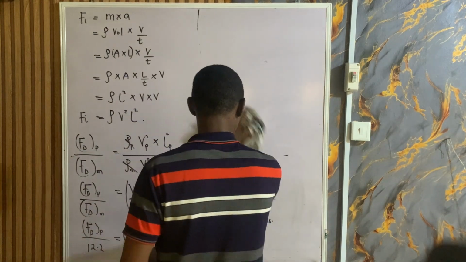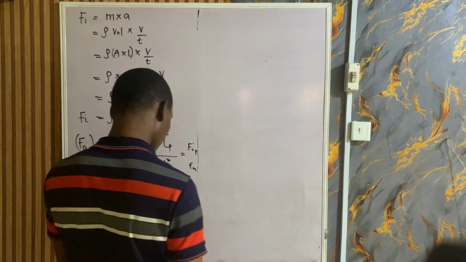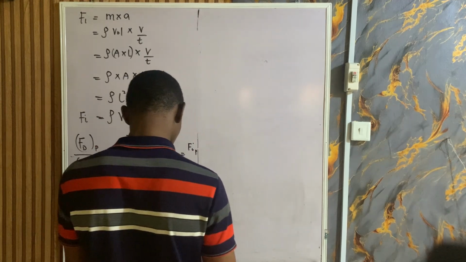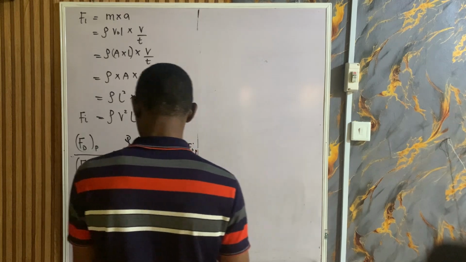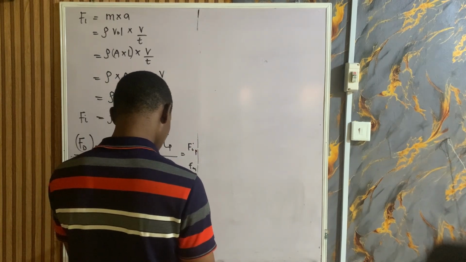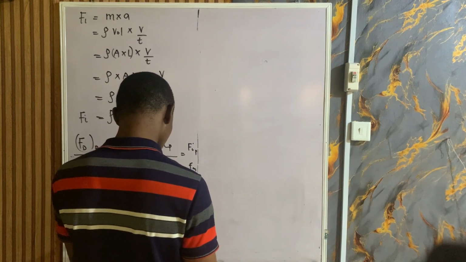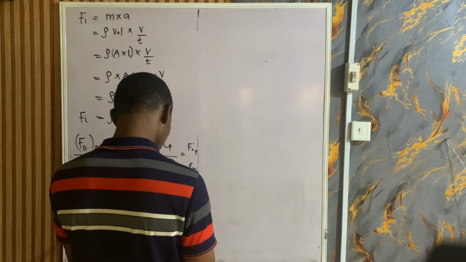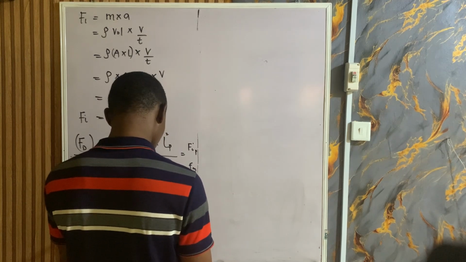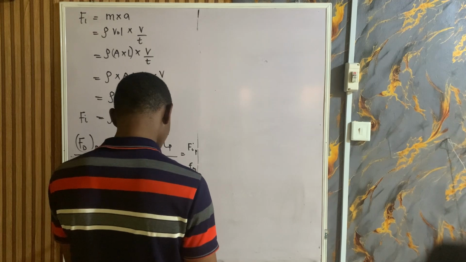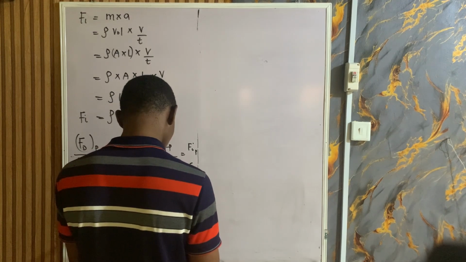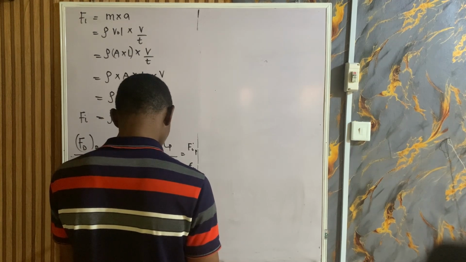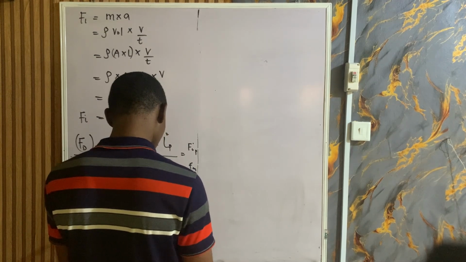Let's evaluate that: 16.1 over 3.6, all squared, times 20 squared.